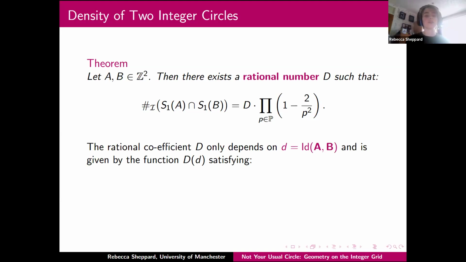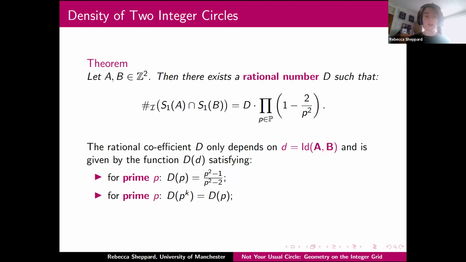And this is given by the function d of d, which satisfies for prime numbers, d of p is p squared minus 1 over p squared minus 2. For prime p again, we have that d of p to the k is equal to d of p for k in the positive integers. And for coprime m and n, we have that d of mn is equal to d of m times d of n.